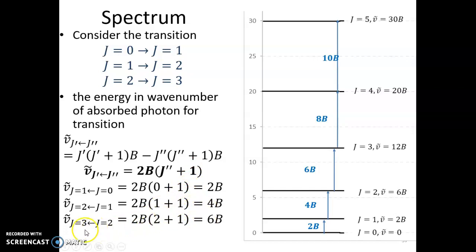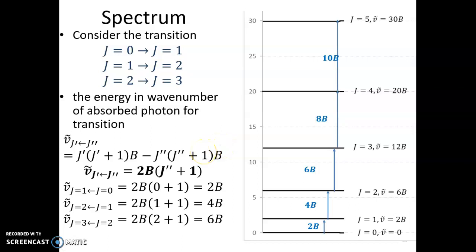Similarly, going from 2 to 3, we substitute 2 in here, plus 1, that's 3 times 2B, 6B, which is equivalent to what we have here. So this is 0 to 1, 2B, 1 to 2, 4B, 2 to 3, 6B. You can verify the others as you like.